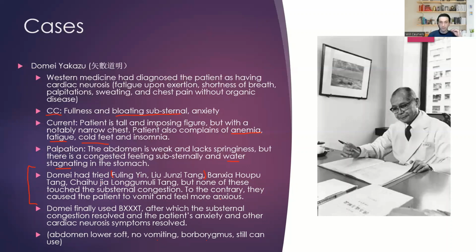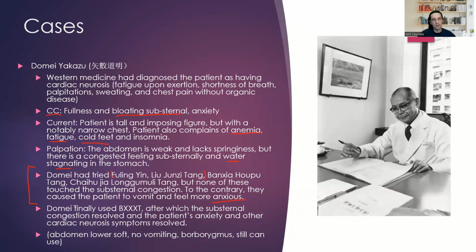So that's really the only difference. Liu Junzi is chenpi, Banxia, and then you have Sijunzi on top of that, right? So I think the problem with these two, of course, is that there's nothing to treat the heat aspect, that heat above aspect, right? And so because of that, heat is actually just exacerbated, and that could cause anxiety for sure, right?